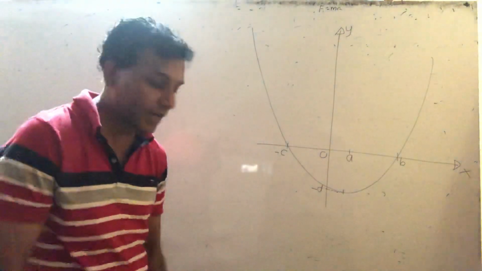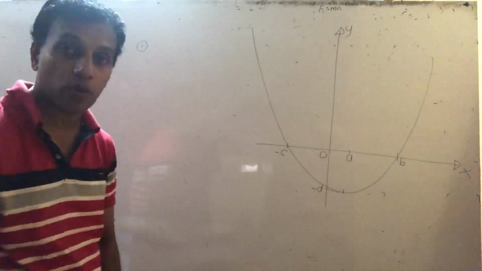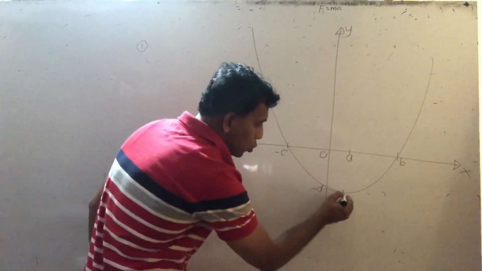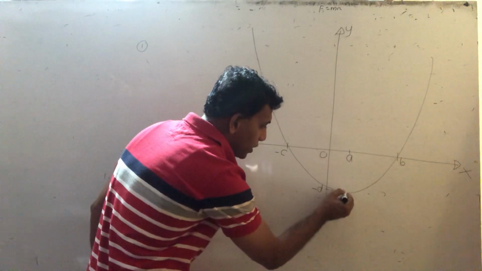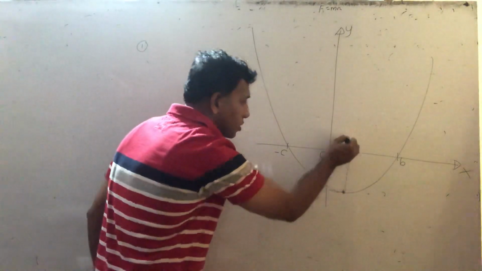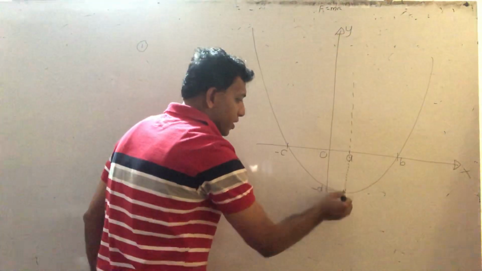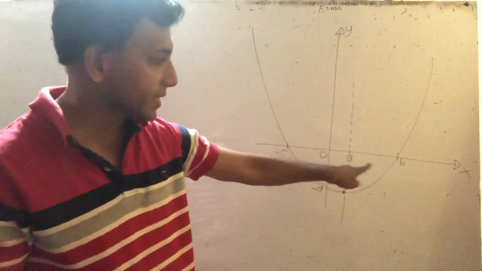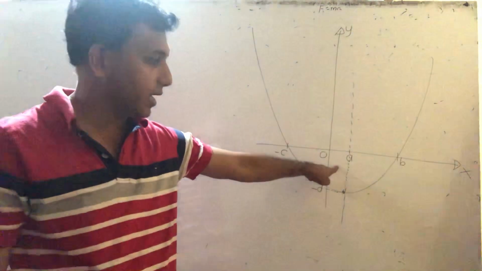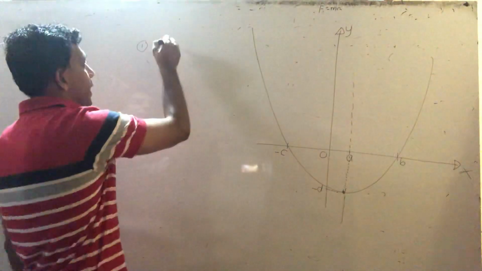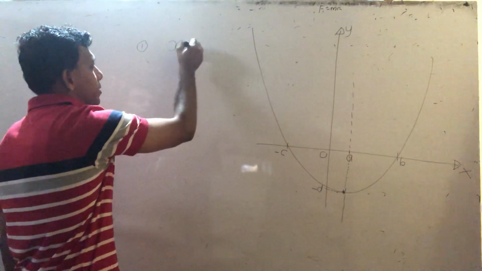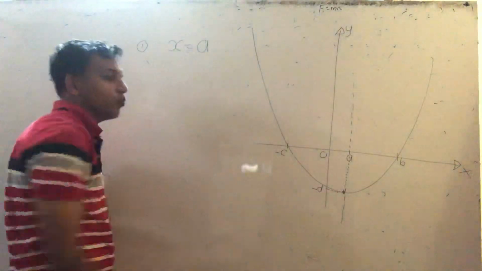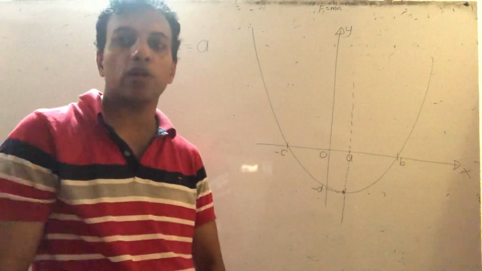So here, how to find the symmetric axis equation? Through the minimum lowest point, draw a straight vertical line where it cuts the x-axis at A. Therefore we call it x equals A. So the symmetric equation is x equals A.